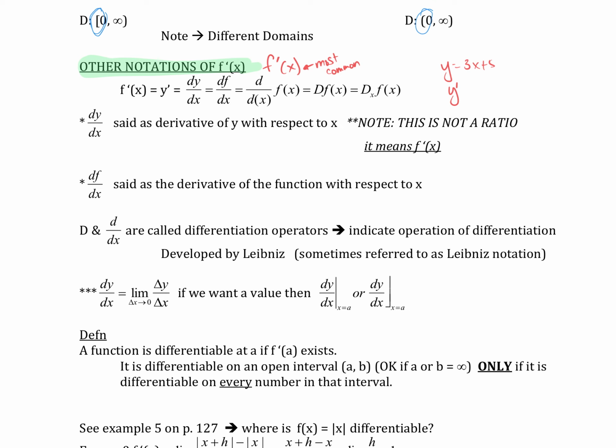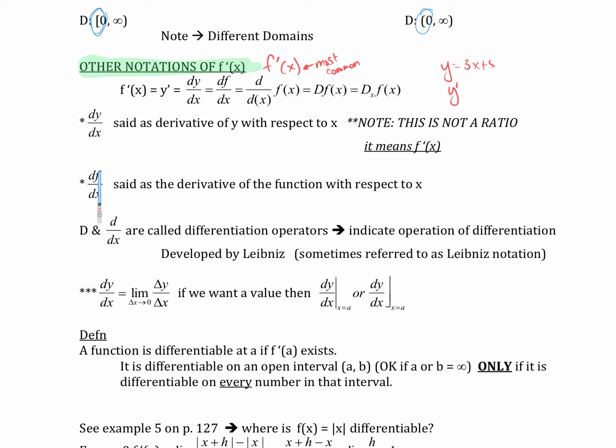I know I said the change in y over the change in x, just to tell you that it is a rate of change. It's an instantaneous rate of change, but it's not a ratio. With a little asterisk there, because sometimes we can separate the dy and the dx, and that's called separation of variables, which we'll get into in second semester.